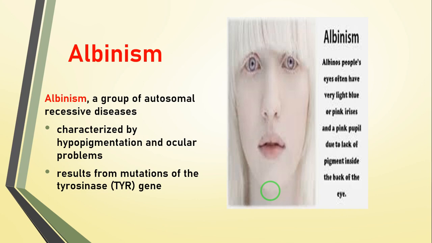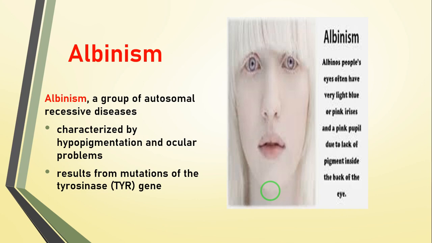So if we have a mutation in this enzyme, usually it is an autosomal recessive disorder, it will result in a hypopigmentary disorder. They will be blonde with ocular manifestations. Usually they have very light blue eyes. Sometimes they have a pink iris and a pink pupil, because there is a defect or lack of pigmentation inside the back of the eye.